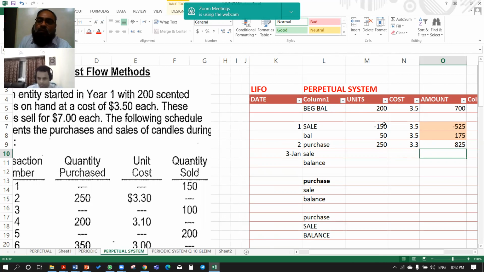Basically we have two lots here. Let me erase this line.